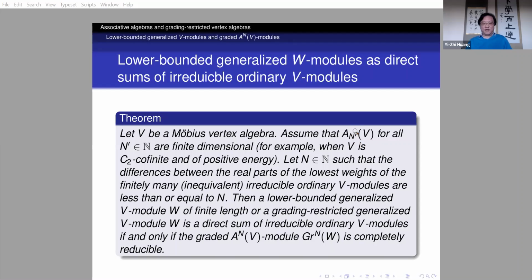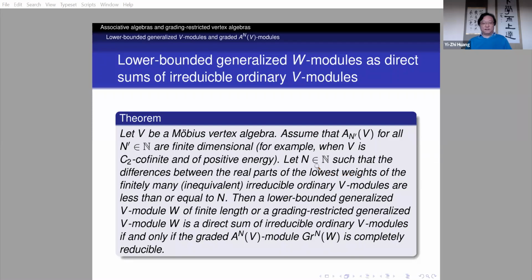Here I have to use upper n prime. If all these are finite dimensional, then certainly in the C2-cofinite case this is true.